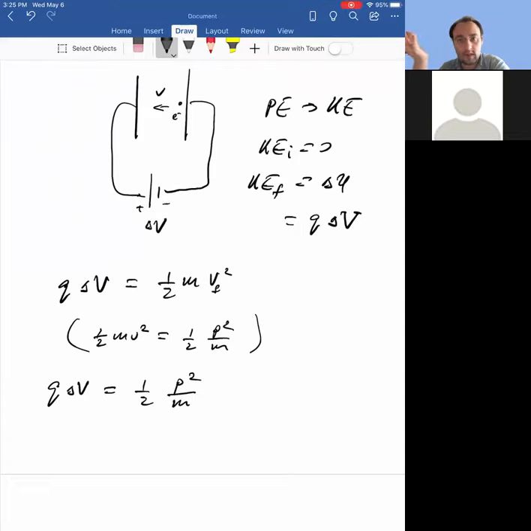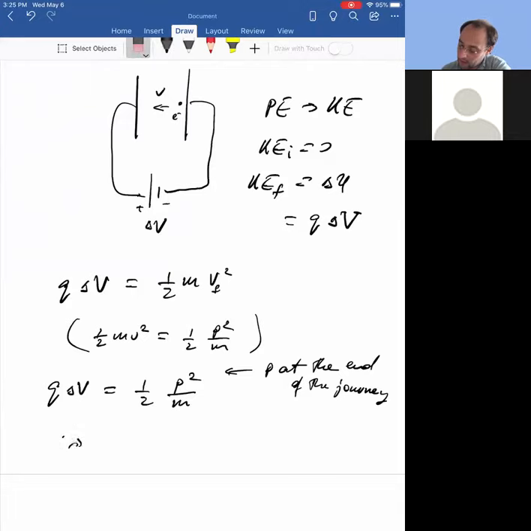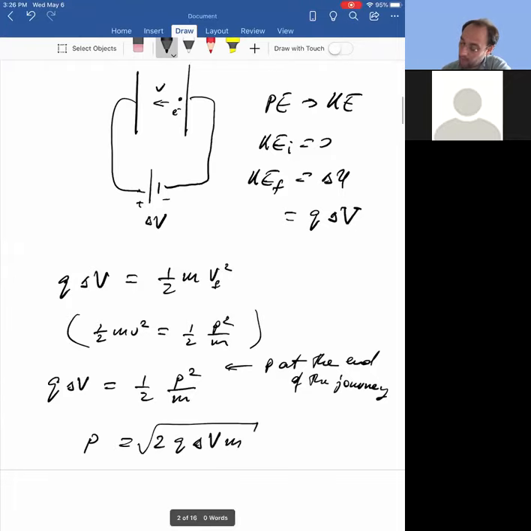It's the P at the end of the journey, the momentum increases. So now let's solve for P. P equals the square root of 2Q delta V times M, right?